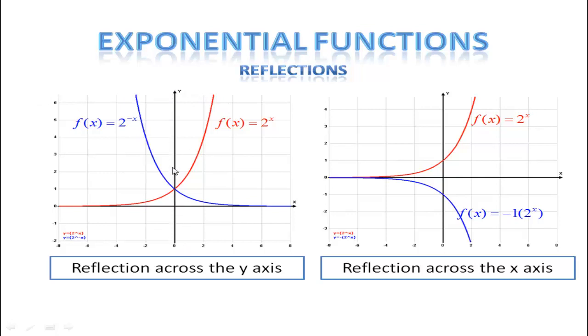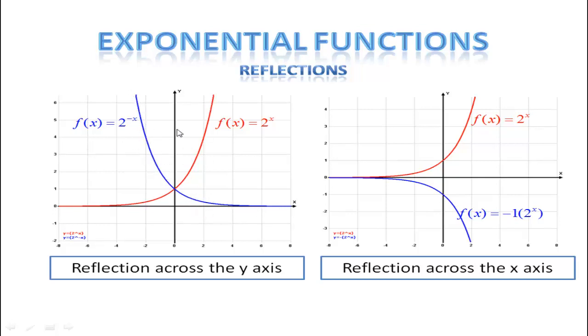If you were to trace this parent function, if you fold it across this line and you trace the line, this is what you'll have. Okay, you'll have a reflection of the line.